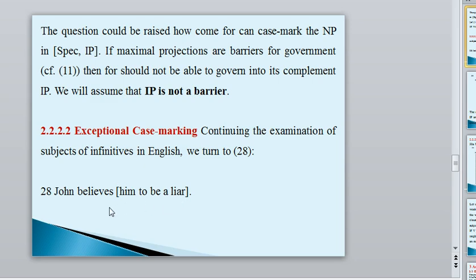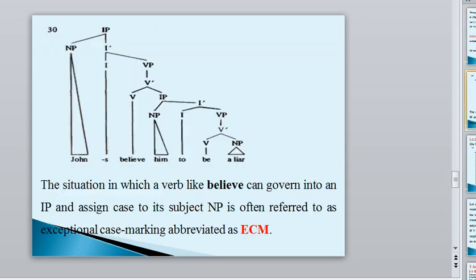You see here, according to the case filter, every overt NP should have a case. So we have NPs here, for example, John and him, so they should have a kind of case. According to the tree diagram, look at the tree diagram of this sentence: John believes him to be a liar.